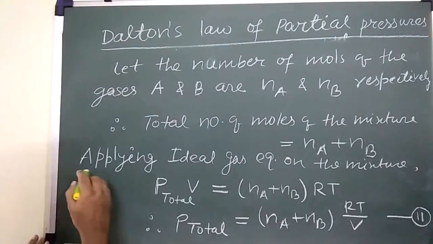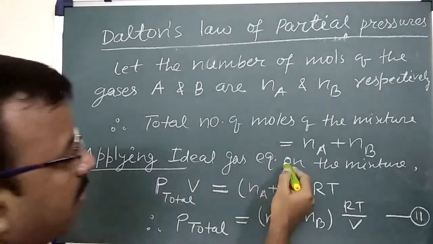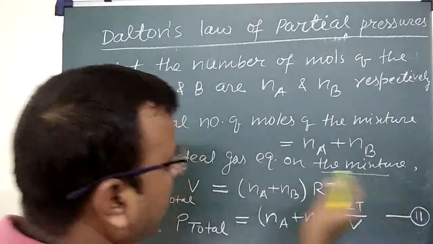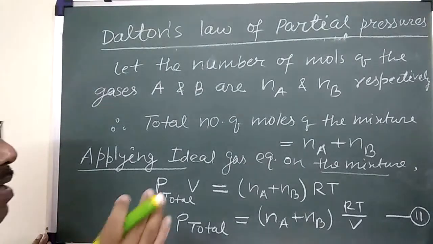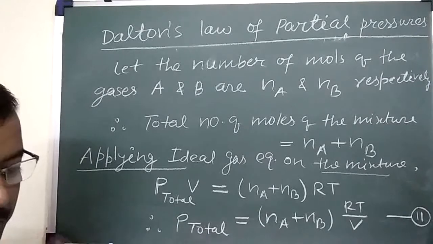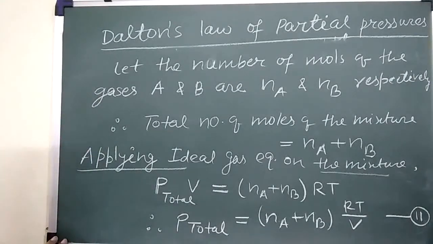Here we have applied the ideal gas equation for the mixture. Now we will apply this ideal gas equation for the individual gases, gas A, gas B. Then what relation will we obtain? Note down.